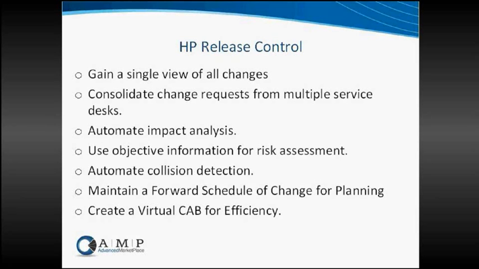And we help create a virtual CAB for efficiency so that it's easy for a change approval board member to review all changes in one place and perform change review actions. And also, we give you a very systemized, repeatable method to triage and identify those changes which require the most review.